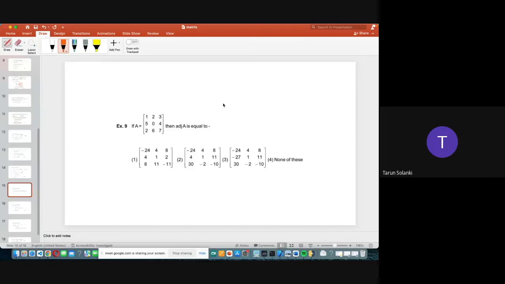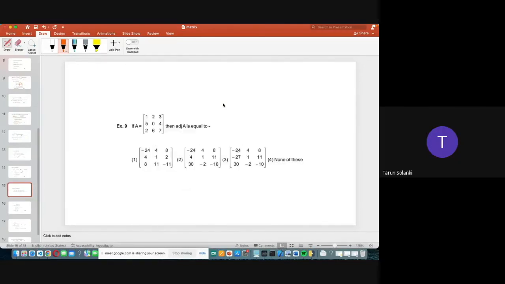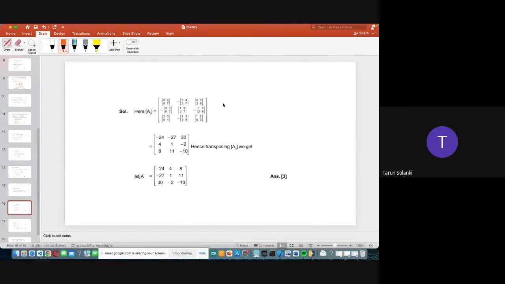Okay, one more problem, the ninth one. If a 3 by 3 matrix is given, you need to find the adjoint of A, which is equal to what? Okay, so just check this out. For adjoint, we'll compare all the values of A ij, and all the corresponding values, so you will get minus 24 minus 7 30, 4 1 minus 2, 8 11 minus 10.